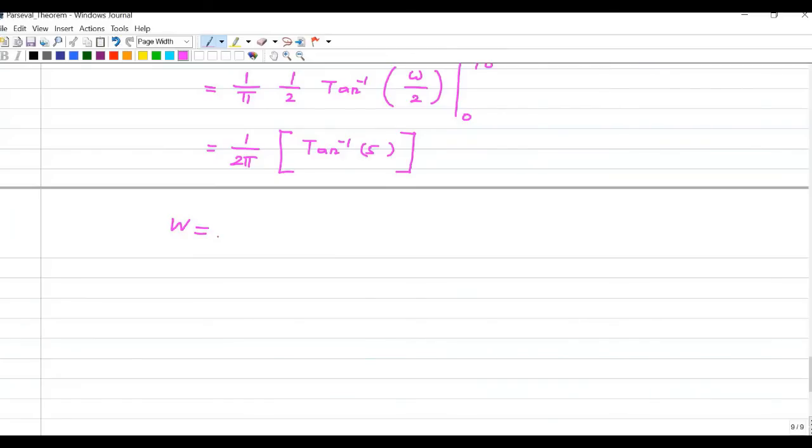Are you using radian mode? My answer is different. I'm having the answer 0.218. Are you getting this?